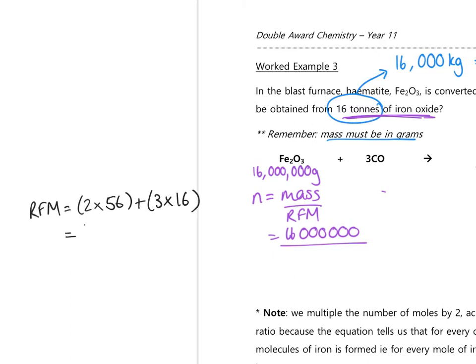And that's going to give you an RFM of 160. So for my moles calculation, I'm doing 16 million over 160, and that gives me 100,000 moles of iron oxide.